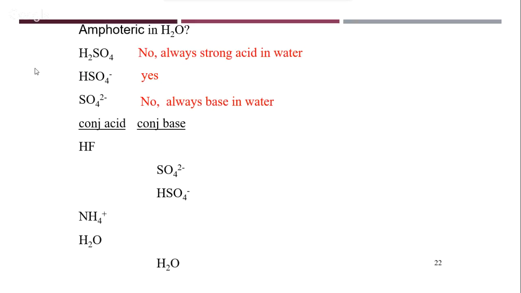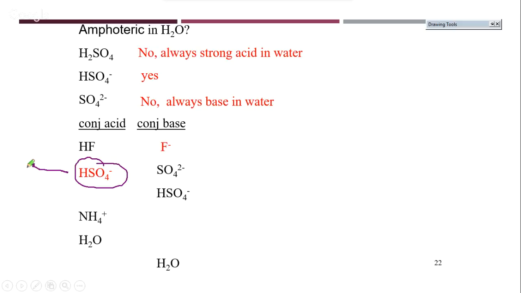Now, if you look at the other conjugate acid base pairs, F minus is the conjugate base of HF, whereas HSO4 minus is the conjugate acid of SO4 2 minus. Now, please note, this is another trick, sometimes it is very confusing. If someone asks what is the conjugate acid of this, we have to understand that the acid is going to give H plus.